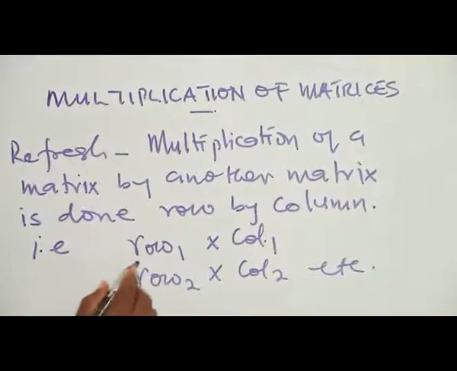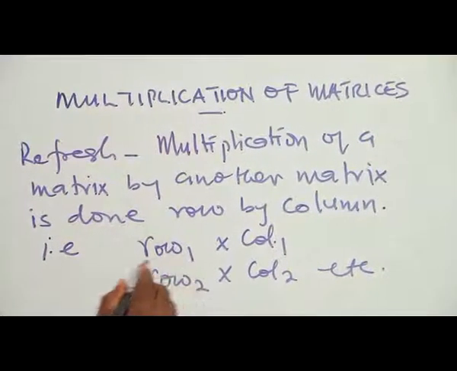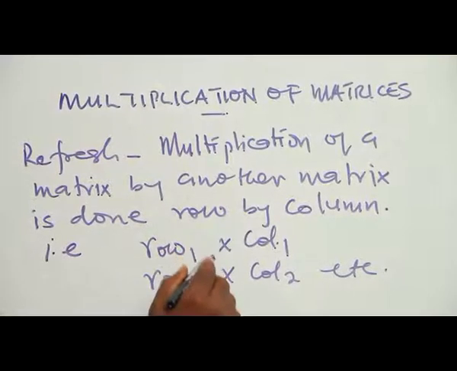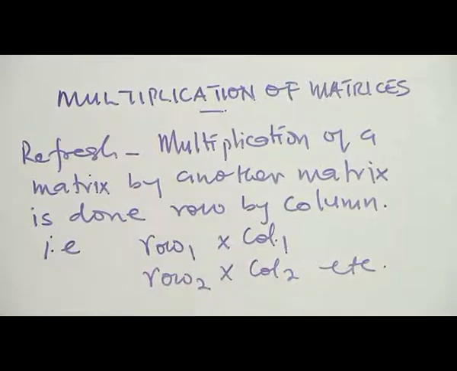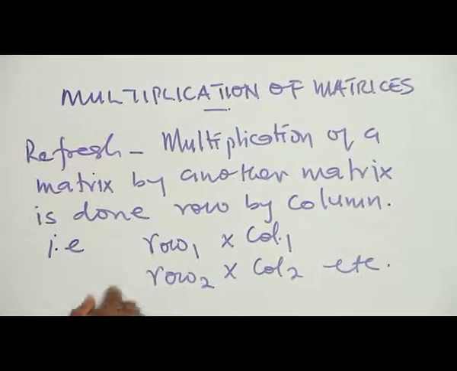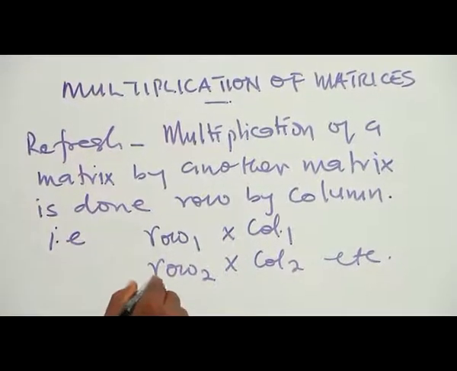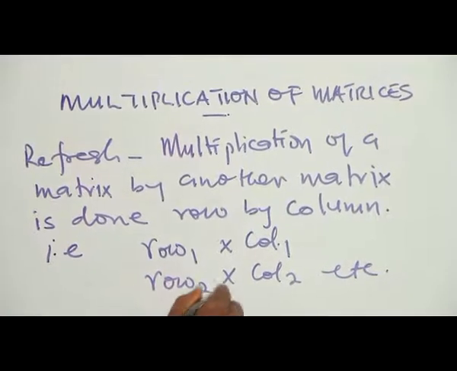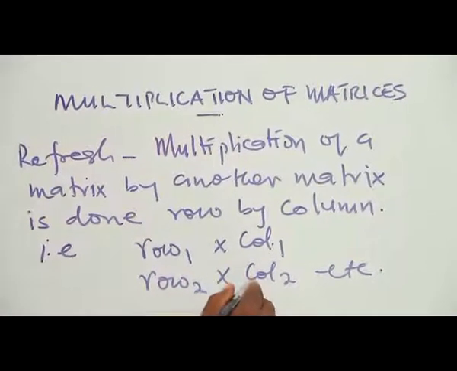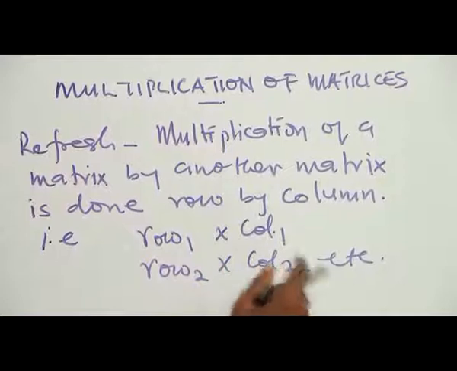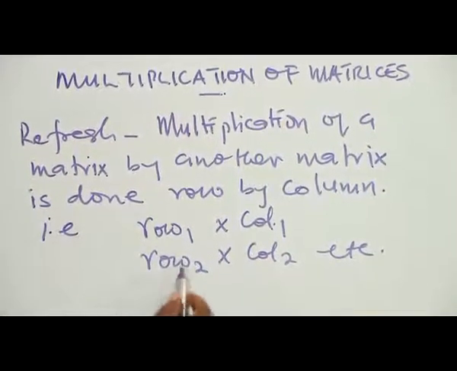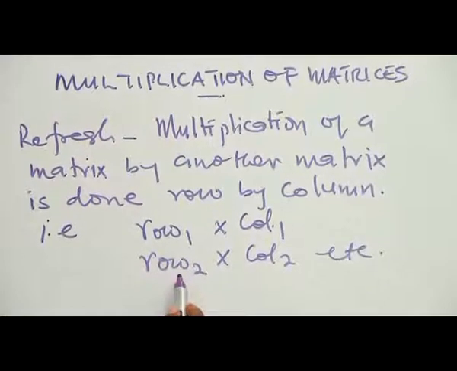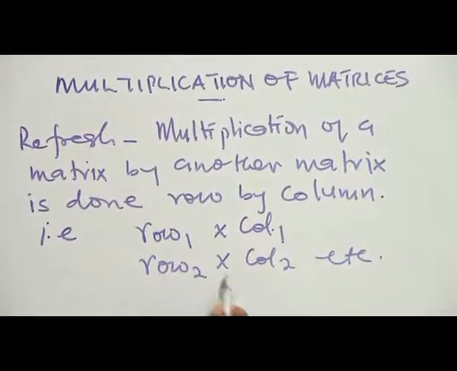That is, the elements in row 1 will multiply the elements in column 1 in the other matrix. And of course, elements in row 2 will multiply the elements in column 2, and so forth. So that is how you carry out the multiplication of a matrix by another matrix.